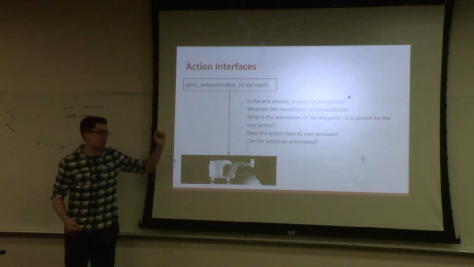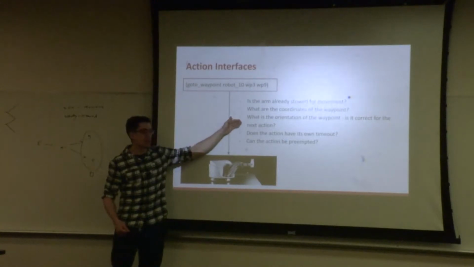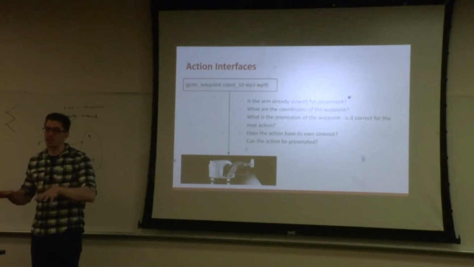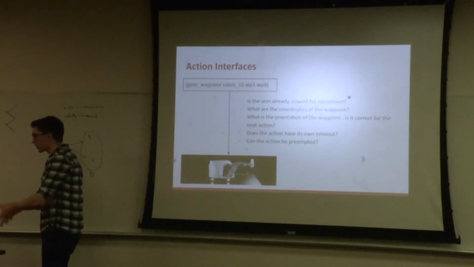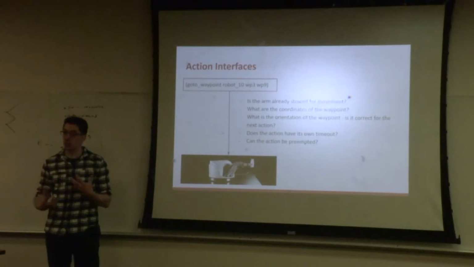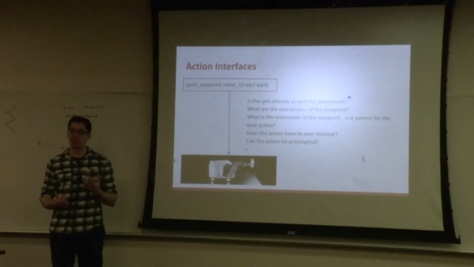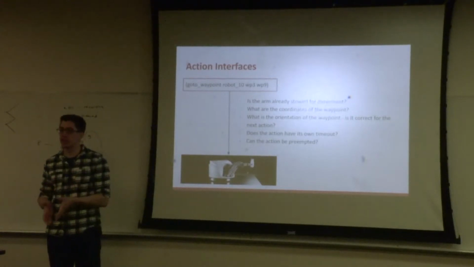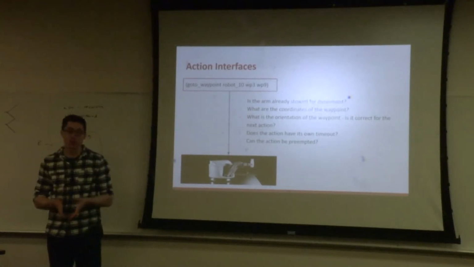But then what is the orientation that the robot's supposed to go to? That waypoint where the recharge station is might also be the same waypoint where the table is, where it picks things up. Do you want to then have a different waypoint for each different task that the robot might have to perform, or for each different orientation that the robot might have to be at that waypoint?